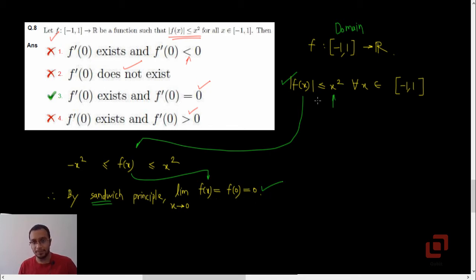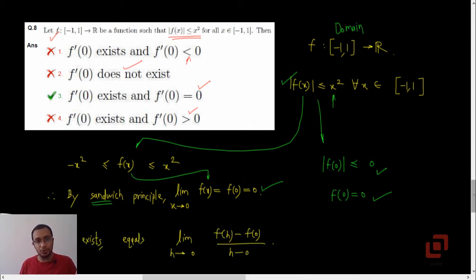It's pretty simple. Again, start with the inequality and substitute x equal to 0. Now if mod of f of 0 is less than or equal to 0, it means f of 0 has to be equal to 0. Yes, because the least value of the absolute value function is 0 itself. So because the limit exists and is equal to the value of the function at that point, the function is continuous, so it might be differentiable.